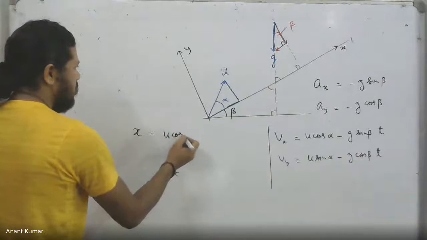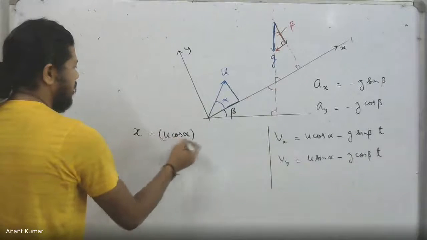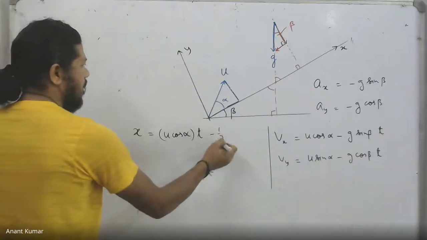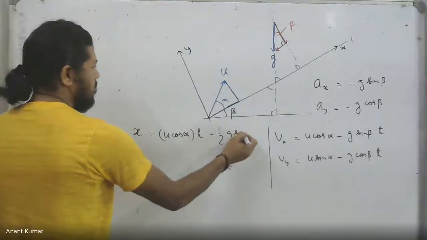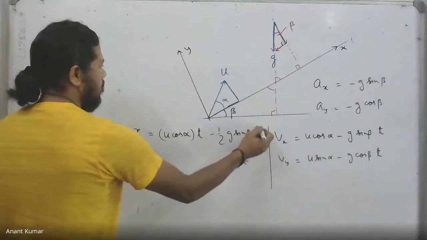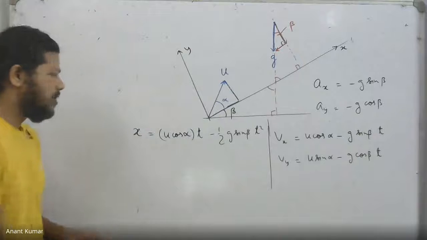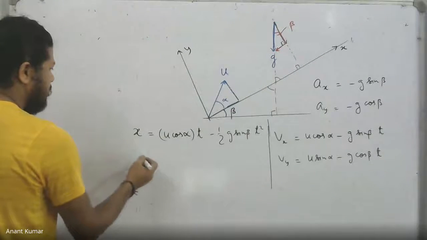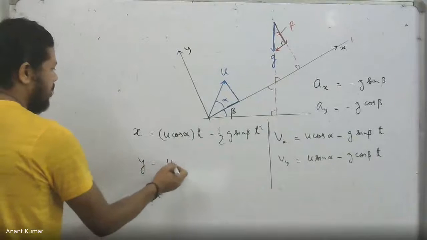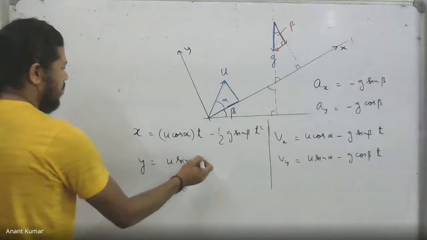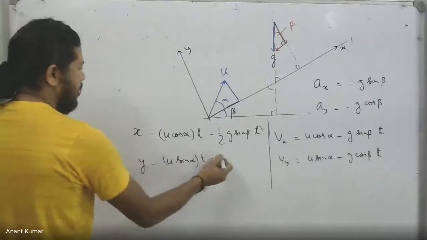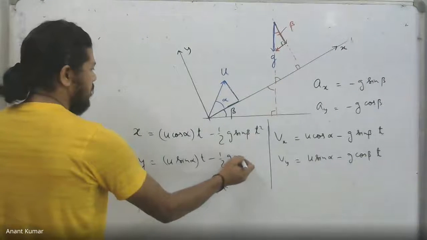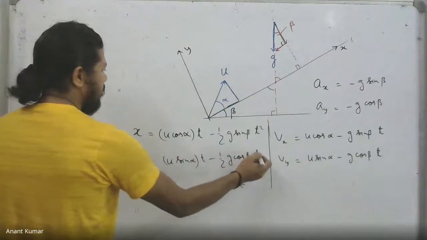So I get u cos alpha into t minus half g sine beta into t square. That is our x component of the motion, or rather the x coordinate. The y coordinate becomes u sine alpha into t minus half g cos beta into t square.